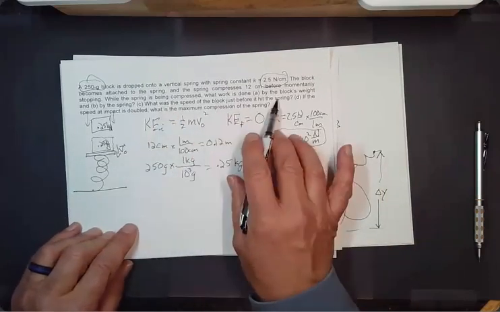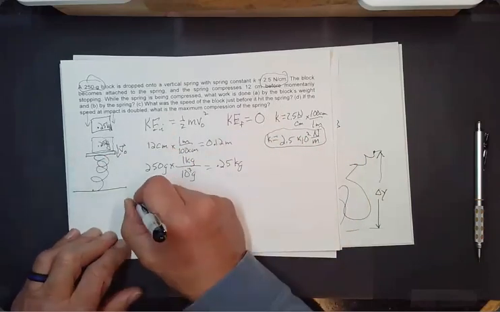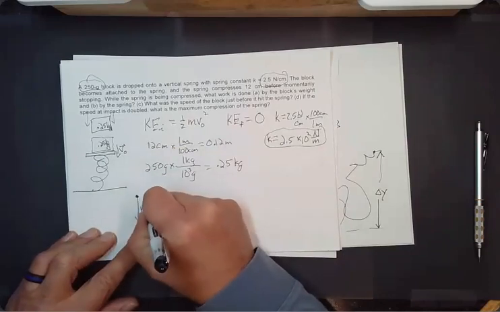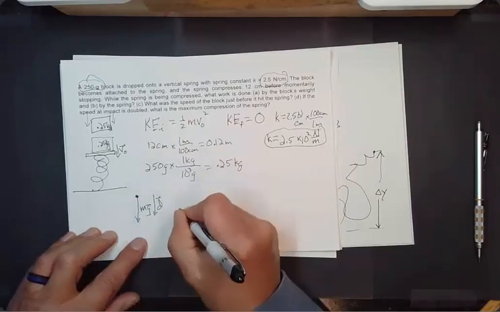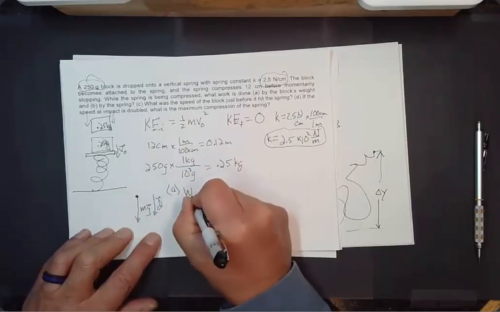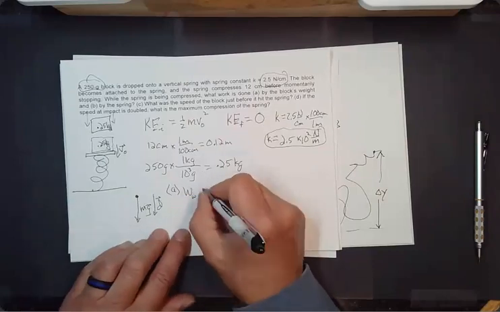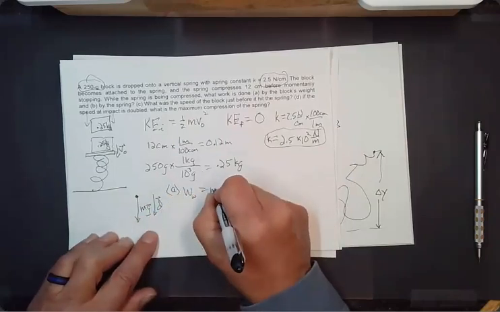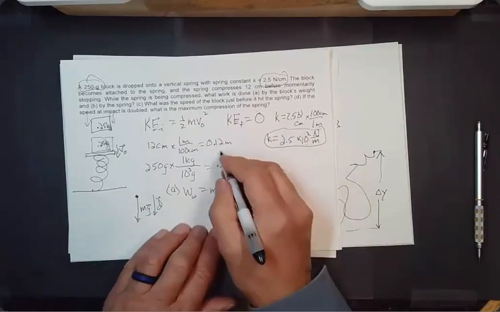All right. What's the work done by the block's weight and by the spring? Well, how much work is done by the weight? We've got mg downward, and we have a displacement downward as well. The work done by the block's weight, W sub W, is going to equal mg dot d, but they're both in the same direction, so it's just mgd, and the d is the 12 centimeters, 0.12 meters.